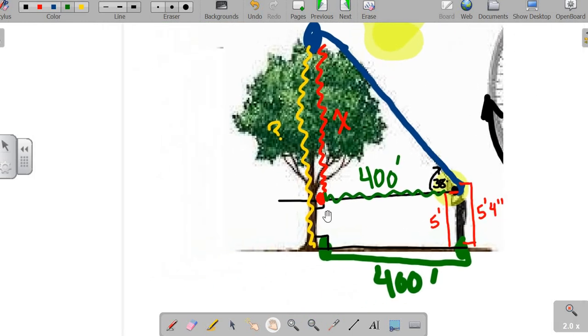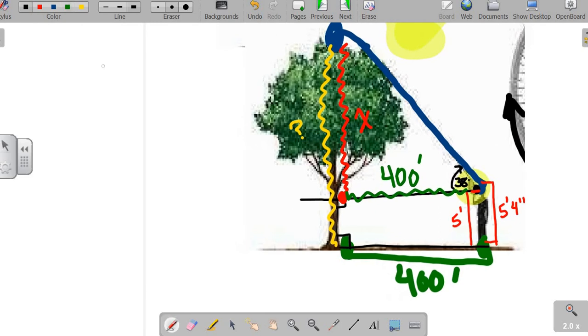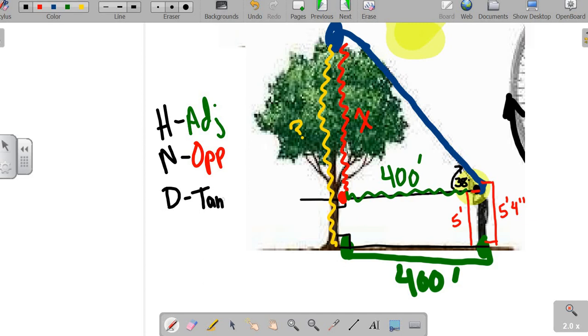Okay, solving for that unknown. We have the adjacent side. The 400 is adjacent. We need the opposite side, which is our X. We got an OA. So what do? That is going to be tangent of theta over 1 equals opposite over adjacent.